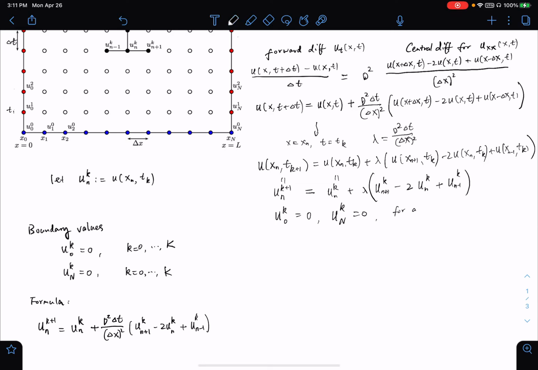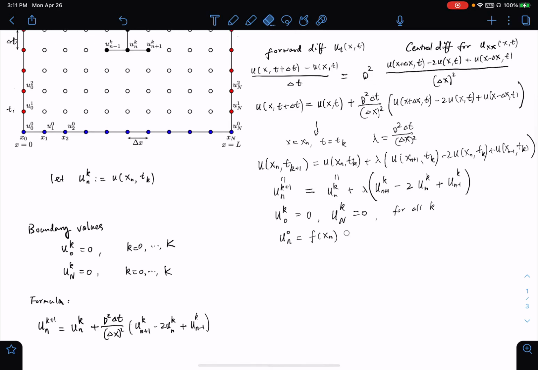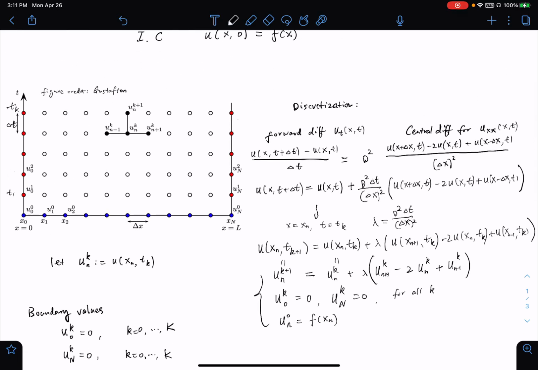And we also have u at the initial time where t is 0, and for every x it will be f at xn. With these three equations, we can generate u at any grid point. So we can generate u_n^k for any index n and k.